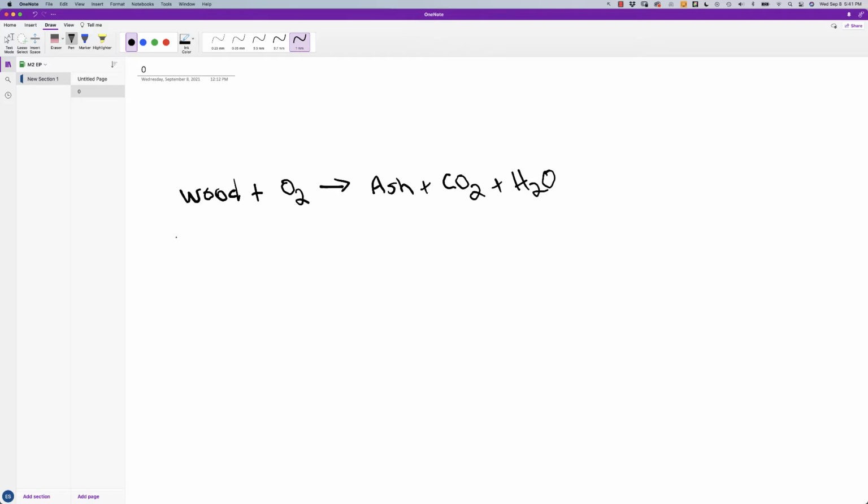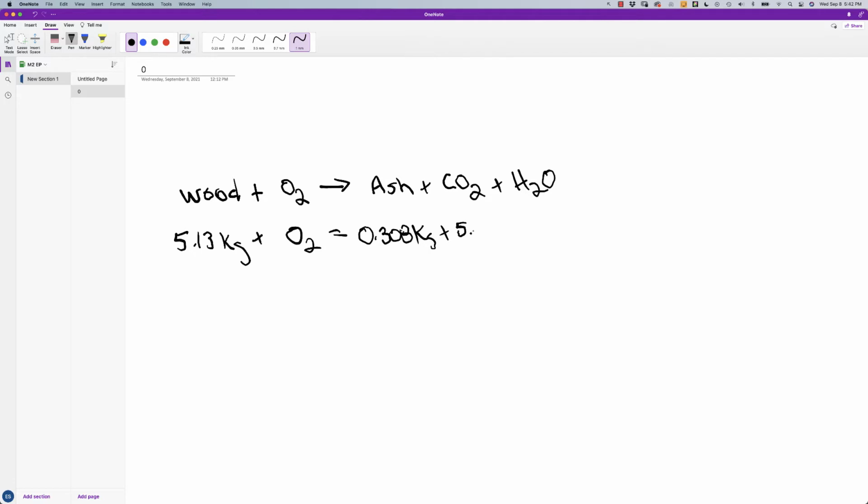So if we put in the numbers, the wood was 5.13 kilograms. Oxygen is what we're trying to find out. Ash, we had converted that to kilograms, which is 0.308 kilograms.